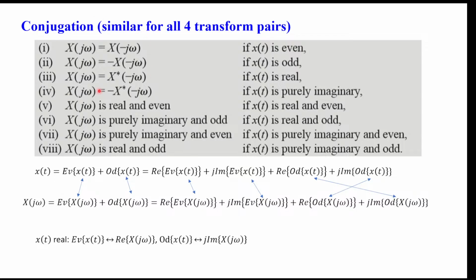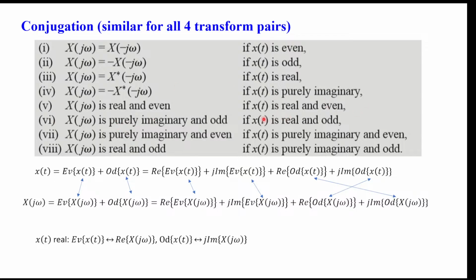Then you can combine those four to see all four possibilities. So you can have even, odd, real, or imaginary, and then your big X of j omega will have the corresponding four. And I think it's nicer to memorize the first one. This is probably the one that you see most often, or maybe the first two.